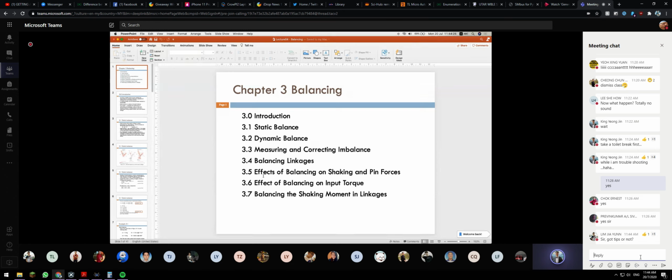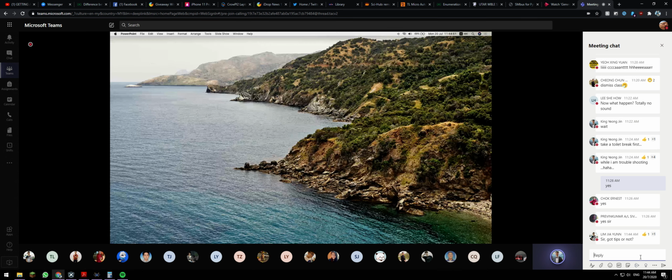So what is the effect of balancing on the shaking and pin force, and also the input torque? And then balancing the shaking moment in the linkage as well, right? So these are the things that we'll cover in the balancing. I think that's all. We can end our class now.